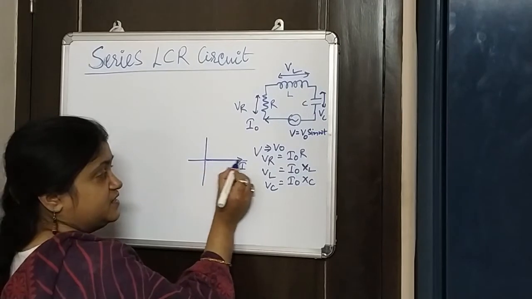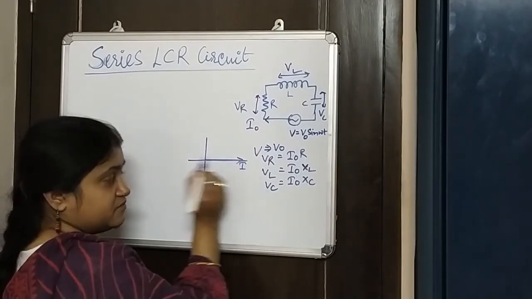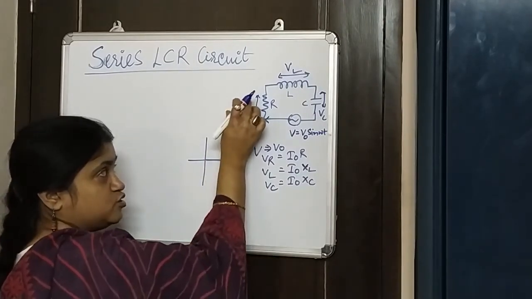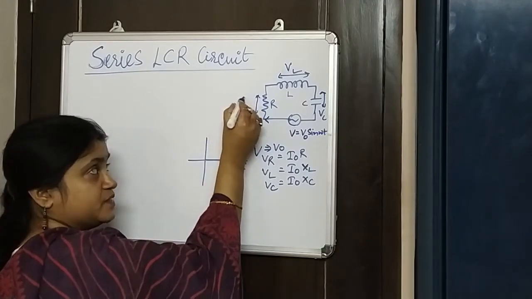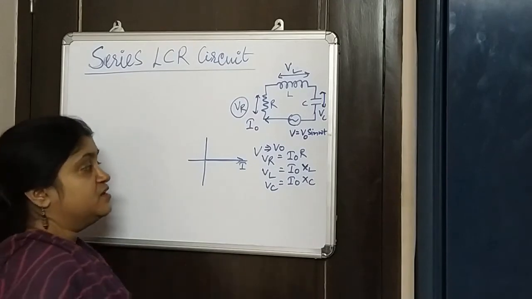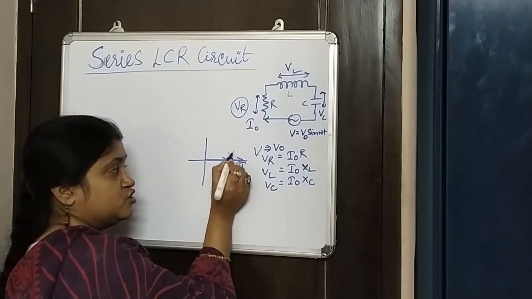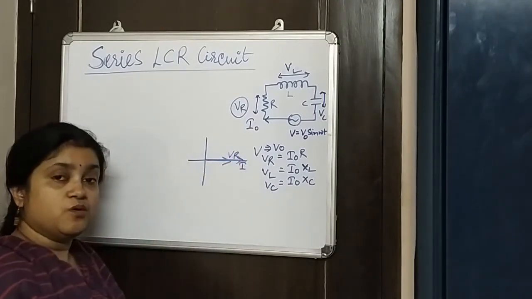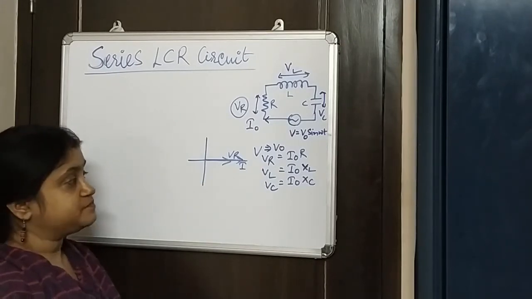Therefore, if current is in this direction in the phasor diagram, I can also show VR, that is the voltage for the resistive element, in the same direction. So VR would also be in this direction.